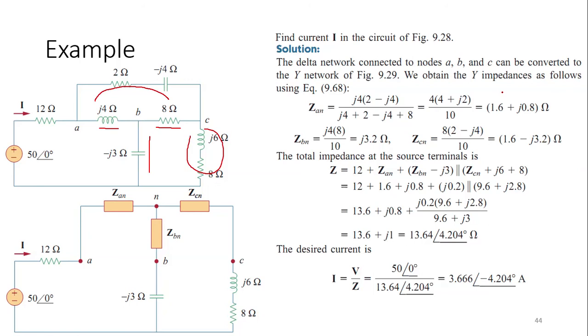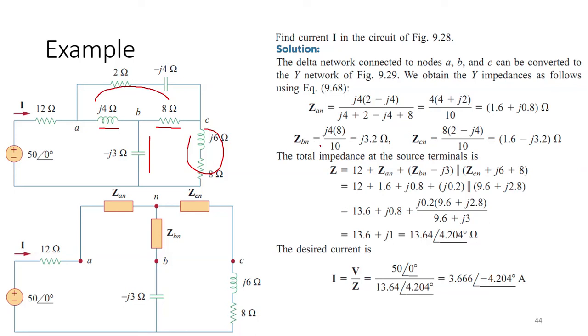We obtain the Y impedances as follows: ZAN is equal to 4 times 2 minus 4j, where 4 is this one and 2 minus 4j is this one, divided by the sum of all three impedances: 2 minus 4j, the second is 4j, and the third one is 8 ohm.